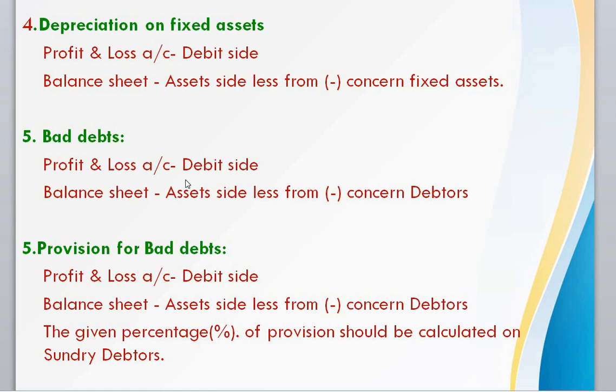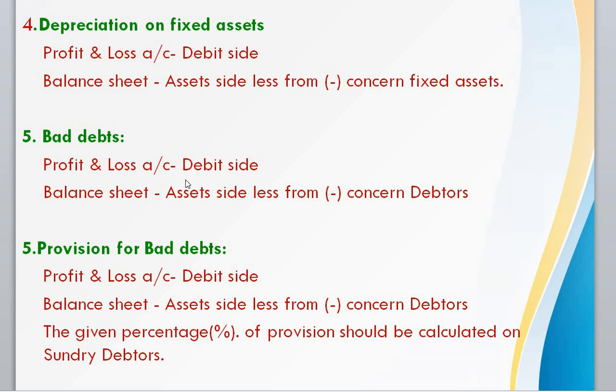So here we need to calculate the given percentage on sundry debtor. Now we get the provision for doubtful debts, which will be shown in the profit and loss account debit side, as well as in the balance sheet asset side by deducting the provision amount from the debtor.